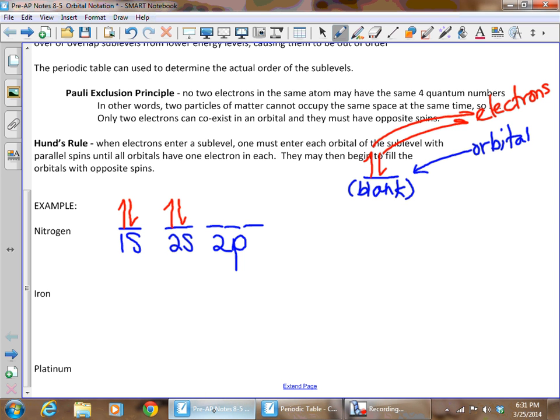Hund's rule, I kind of think of it as the I-want-to-sleep-in-my-own-bed rule, or I-want-to-sleep-in-my-own-orbital rule for the electrons. Remember, they don't like each other. They tolerate each other when they're spinning in opposite directions. But since nitrogen was the 3rd element over in the P block, let's go back and recall that real quick.